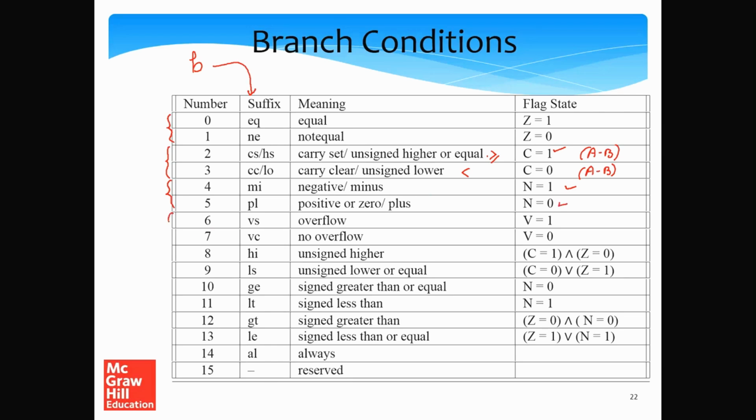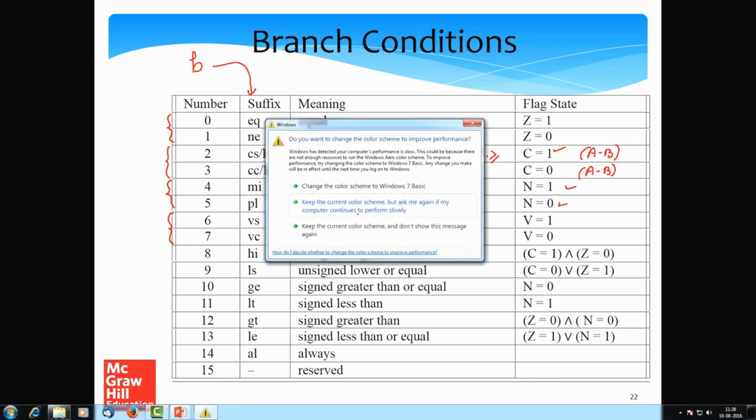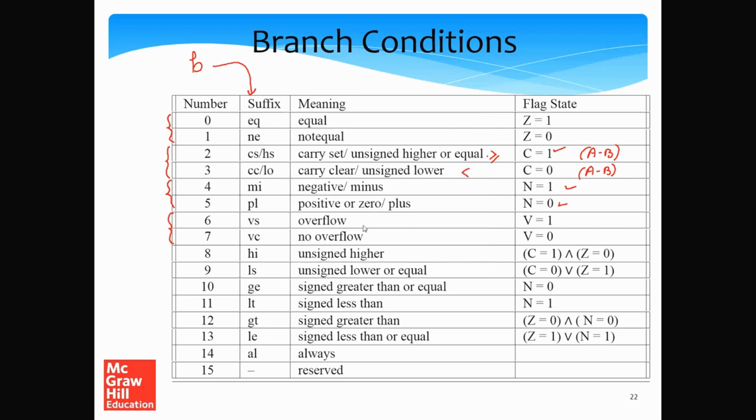Let's take a look at the next pair of conditions, VS and VC. VS is the case when an overflow occurred. An overflow is a condition where the final result could not fit within the number of bits that are available. Consider a 32-bit system, and let's say we multiply, and the product of the multiplication requires more than 32 bits.